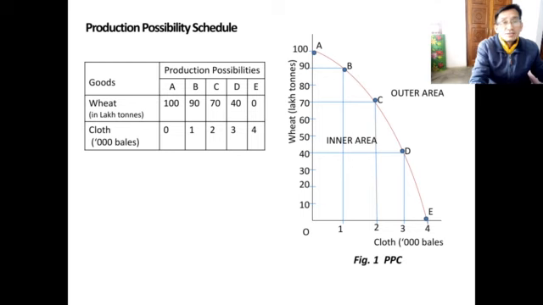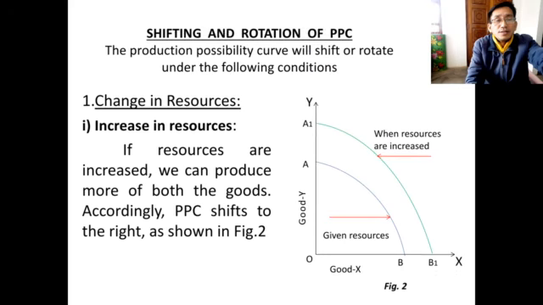And another characteristic was that the production possibility curve is concave to the point of origin. It is because to produce an additional unit of good X, more units of good Y will have to be sacrificed than before. Here comes the question of opportunity cost. Let us see the next slide.